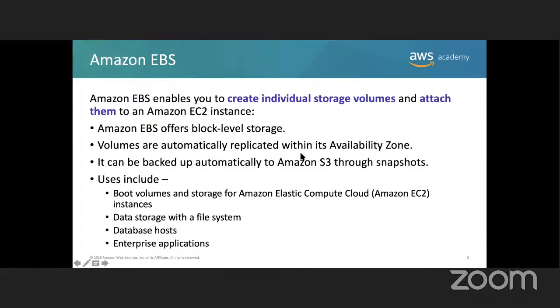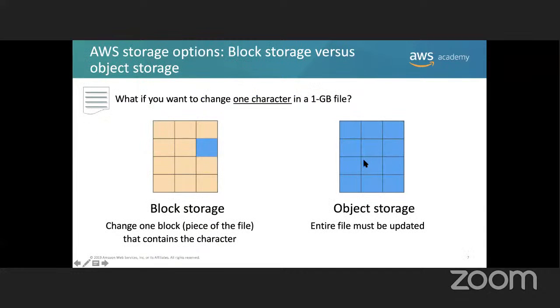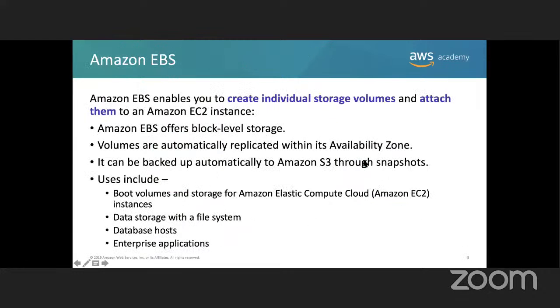Now, if you want to back up that EBS volume, what you can do is just take a snapshot of that EBS volume. That snapshot is a point in time, like a picture, like a frozen image of that volume, and you store it in Amazon S3.